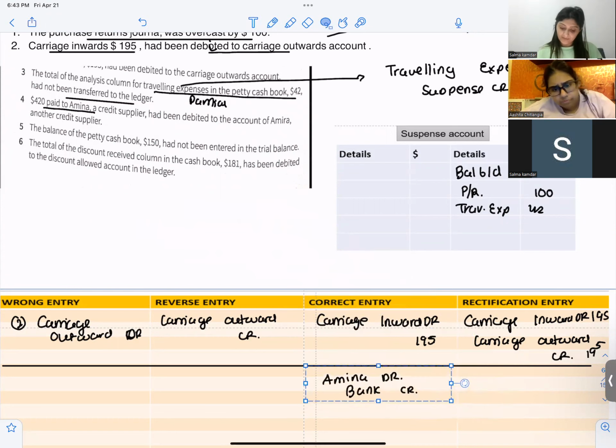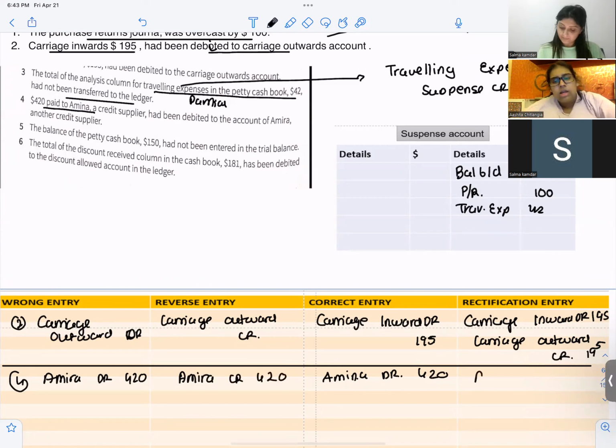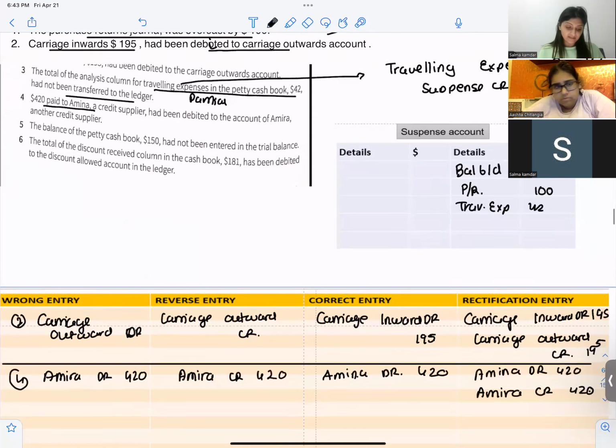The wrong entry is Amira debit. Did you do anything wrong in the bank? No, so bank will be cut. The reverse is Amira credit. Rectification would be Amina debit 420 and Amira credit 420. Any effect on the suspense? No.